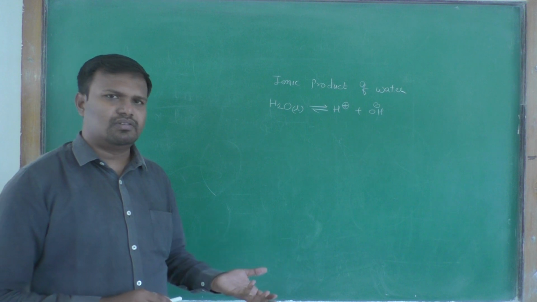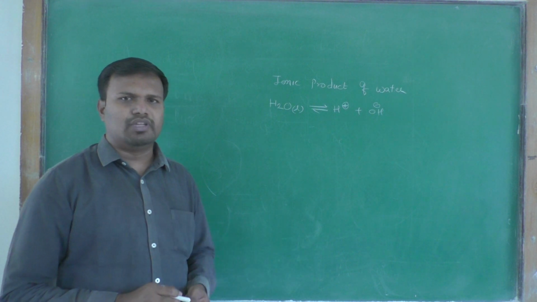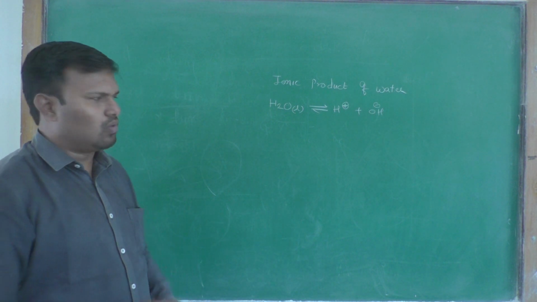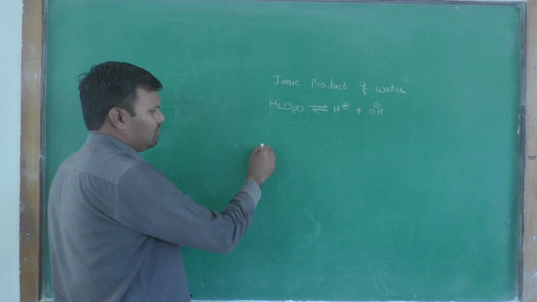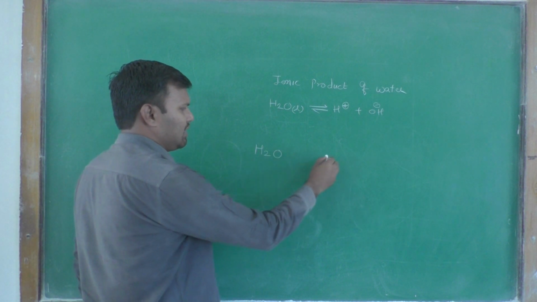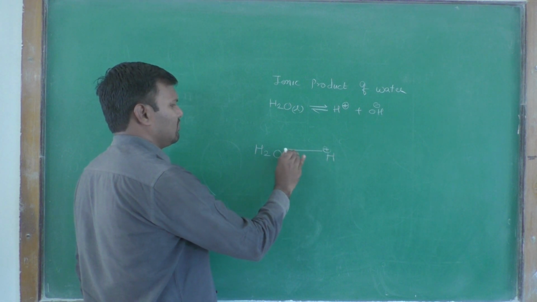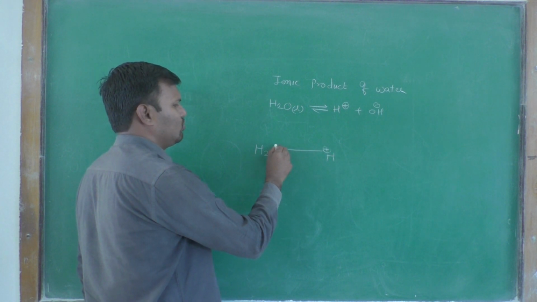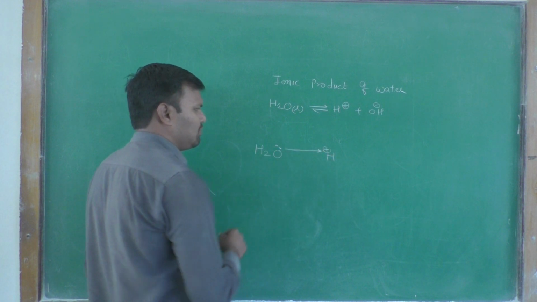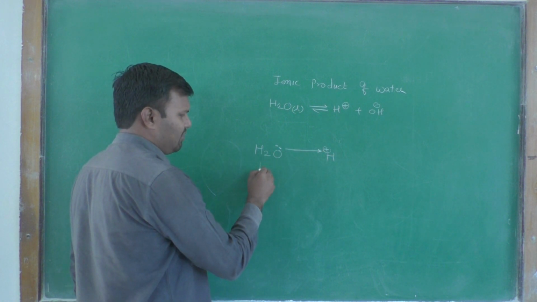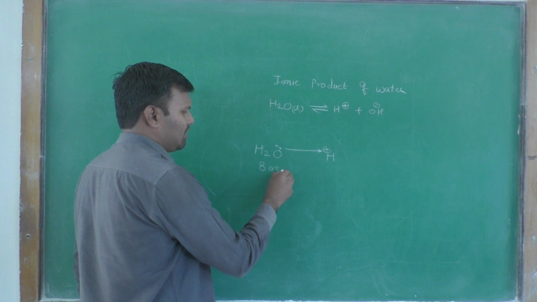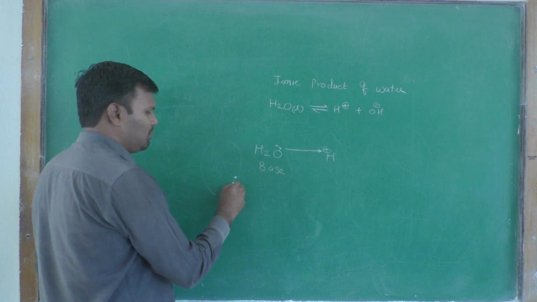That is why it is an amphoteric solvent. If you see the water, it can accept the H plus ions. This lone pair is given to the H plus ions, that is, it acts as a base.